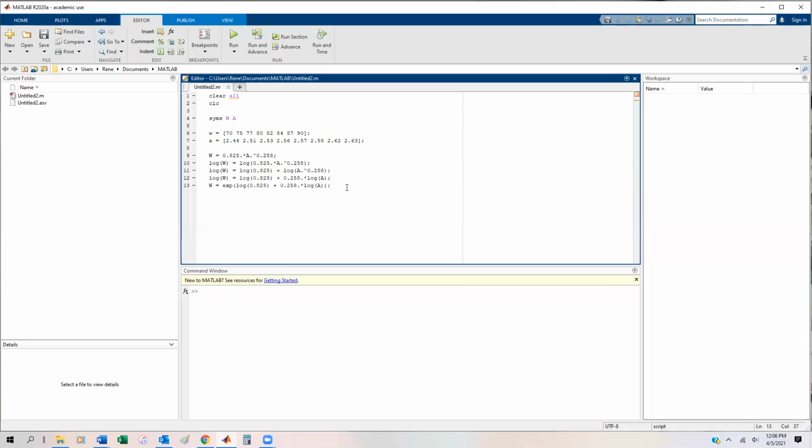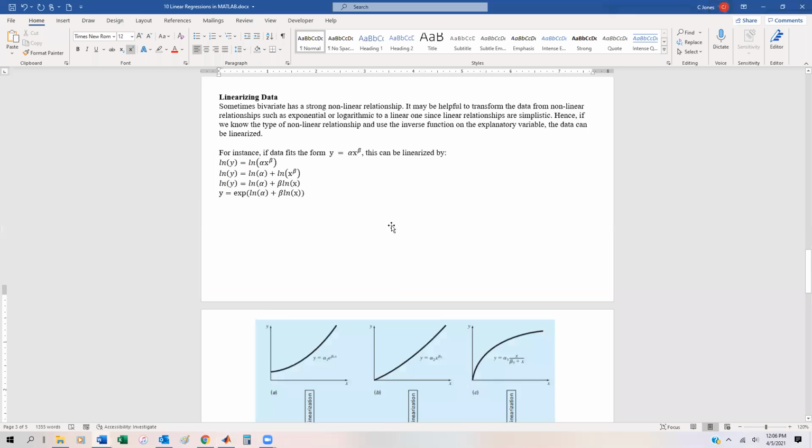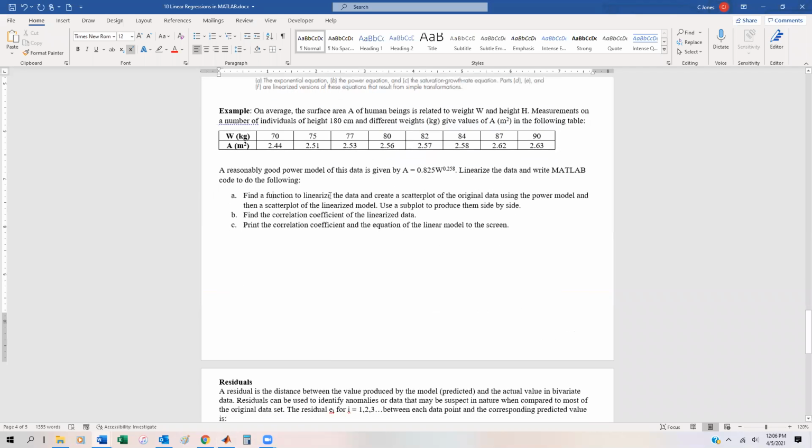So this is our linear model. All of this stuff is really inconsequential, I was just illustrating the algebra to go through it. But that's fine.